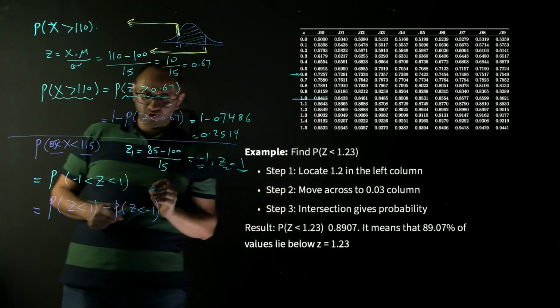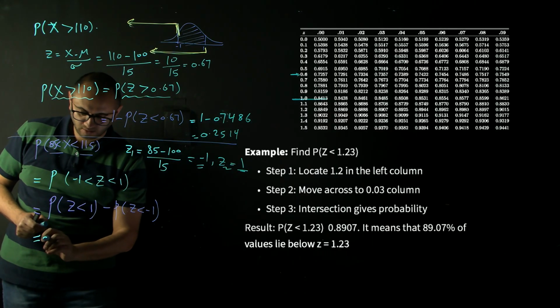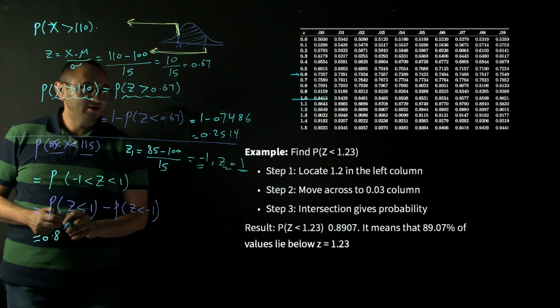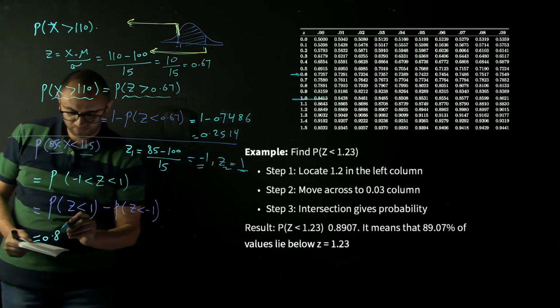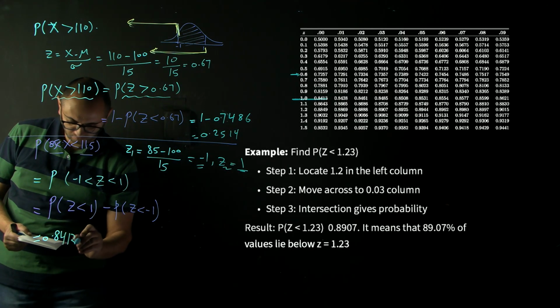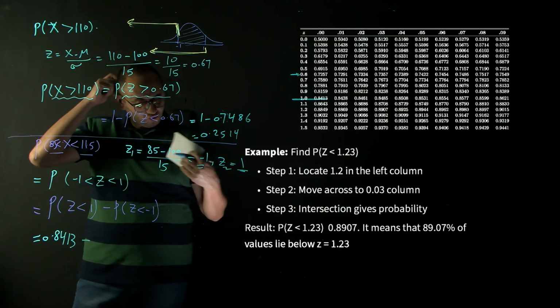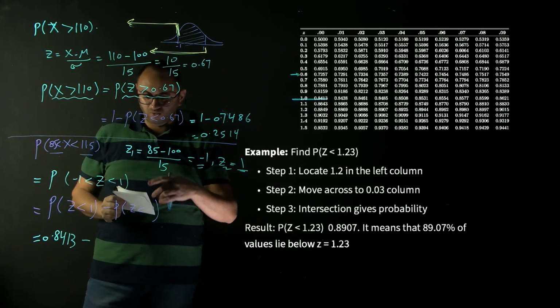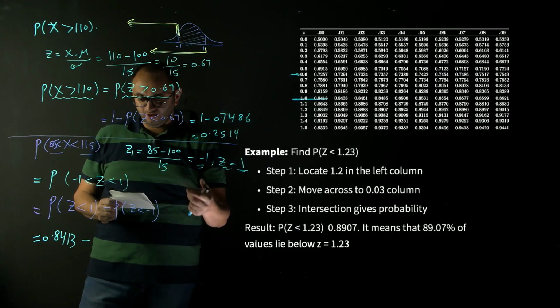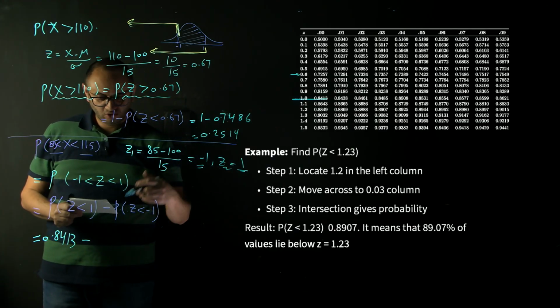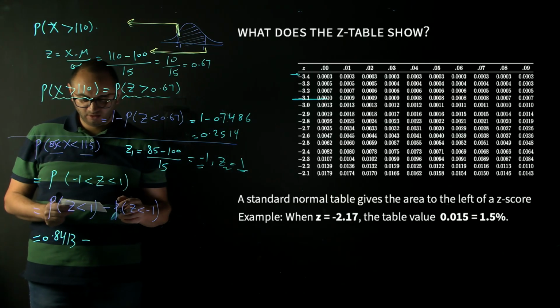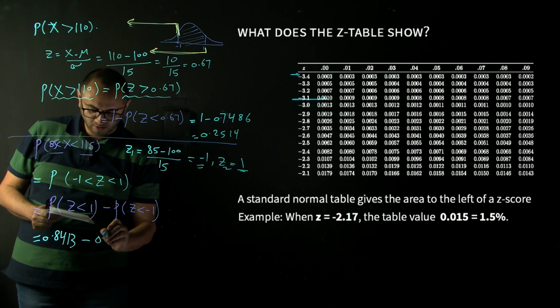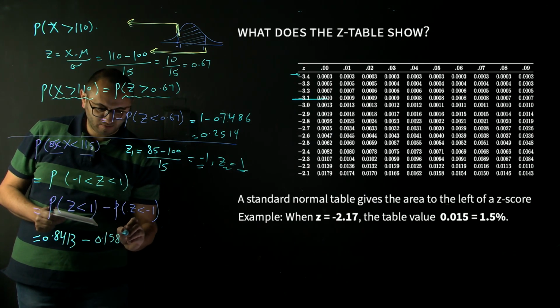So it's 0.8413 minus, if you go to the first slide where we have the negative z-score, then the area below negative 1 should be 0.1587.